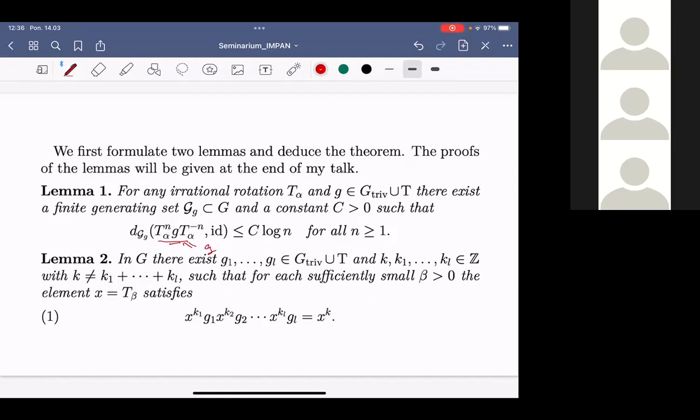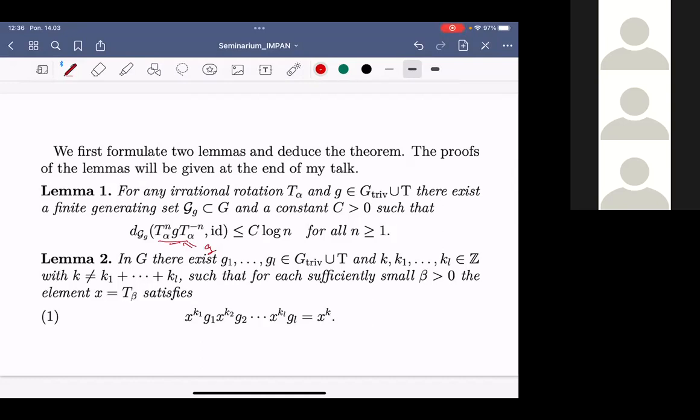If g is a nontrivial homeomorphism, the situation is a bit more difficult, but not too much. I hope that this will be easy to access, and I will give the proof soon. But before we do this, let us formulate the second lemma.